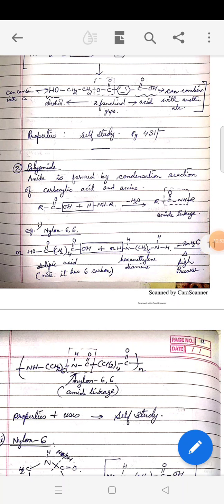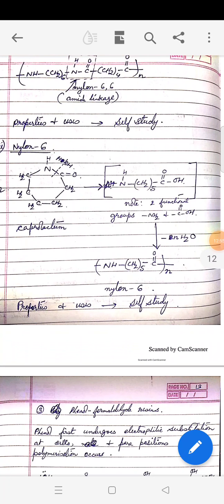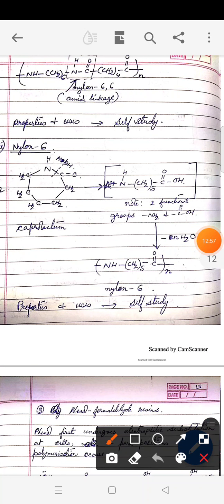The next one is nylon 6. As the name suggests, you can understand here we have only one monomer containing 6 carbon. Now what is the monomer here? The monomer is commonly known as caprolactam. Caprolactam is a cyclic compound having 7 members, and here also we have an amide linkage.